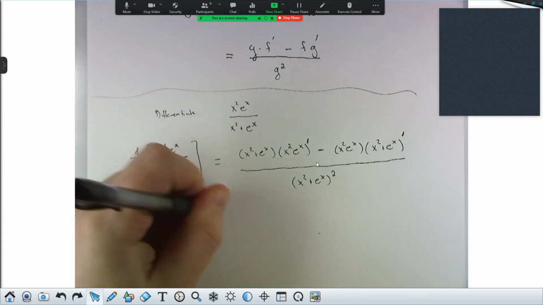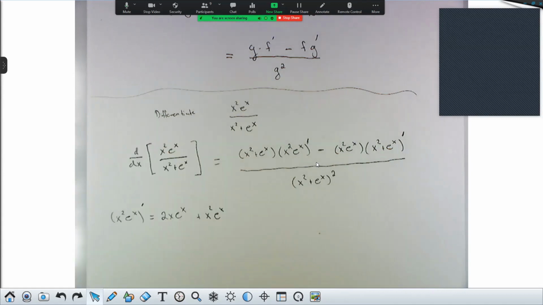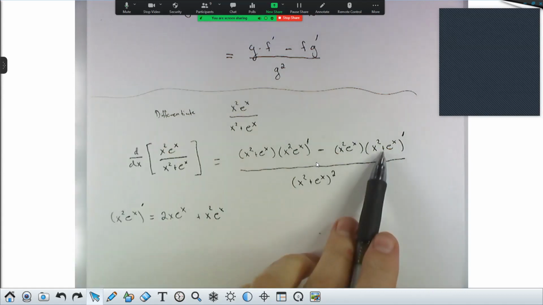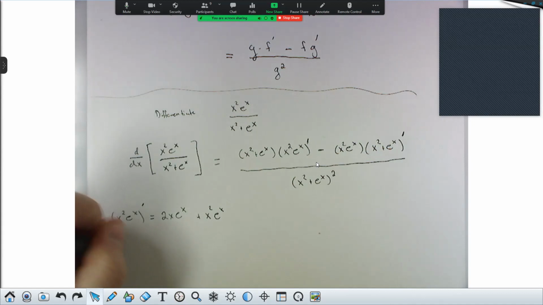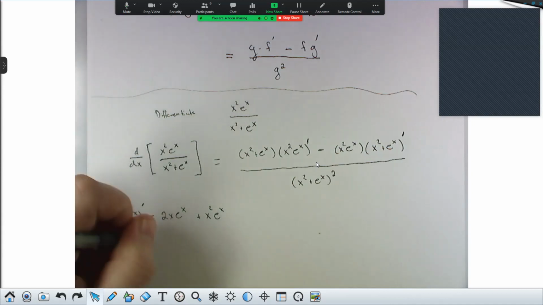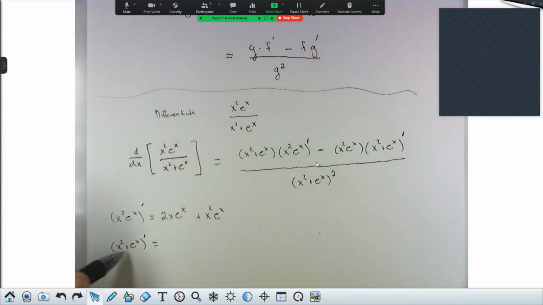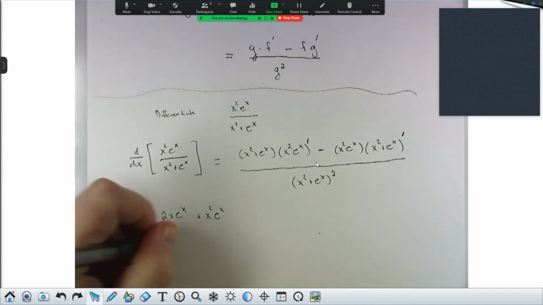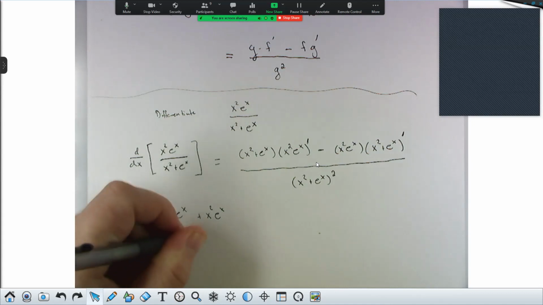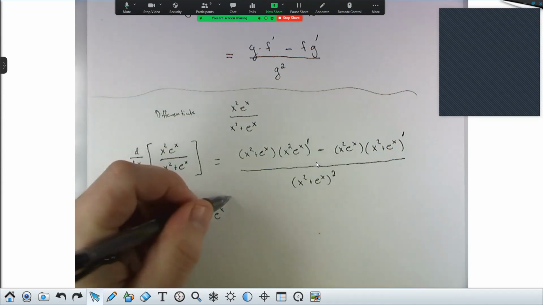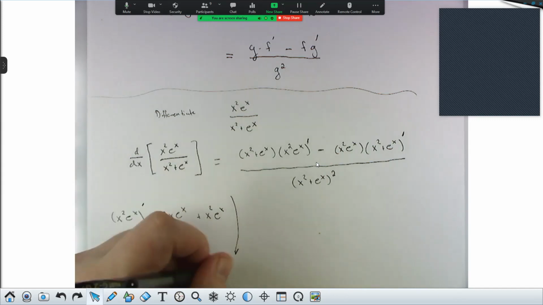That's x squared e to the x. The other place I needed a derivative was here. And these are being added, so there's no need for a product rule. This is going to be 2x plus e to the x.